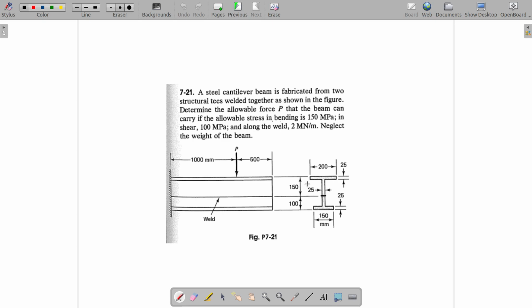So this looks like an I section which was obtained by combining two T sections.